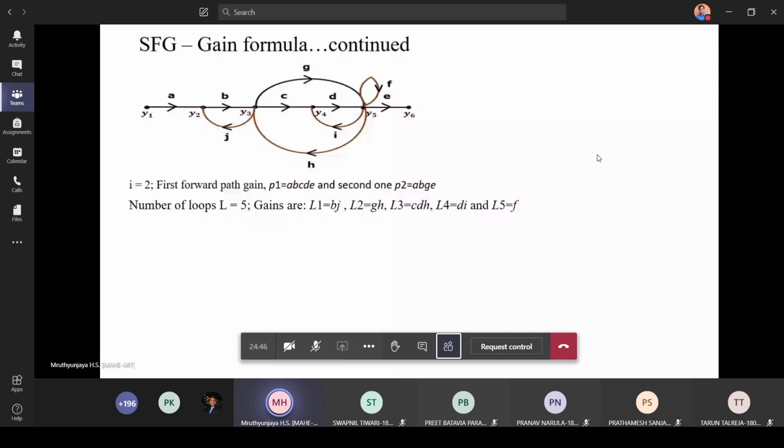The second loop is G into H. The third loop is CDH. The fourth loop is D into I. The fifth one is the self loop, that is F. Any doubt? Totally there are 5 loops.